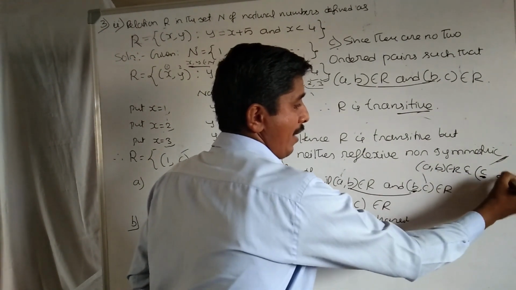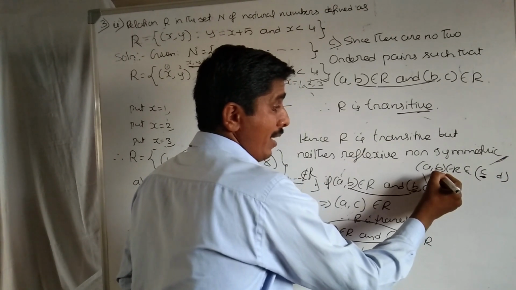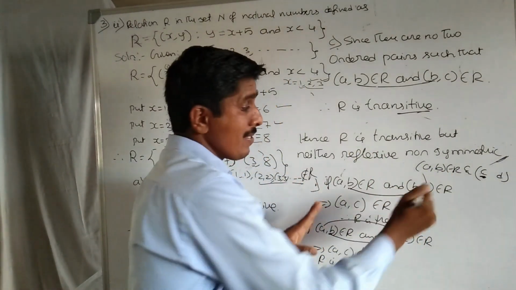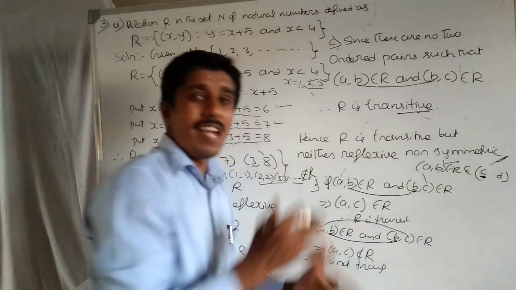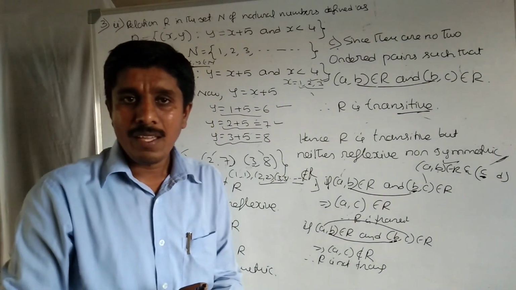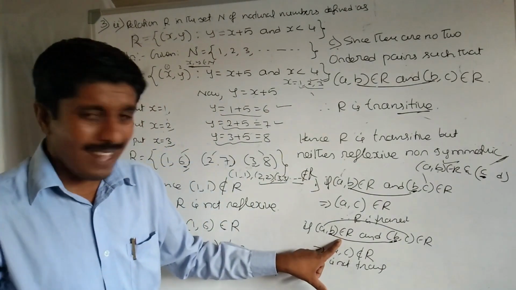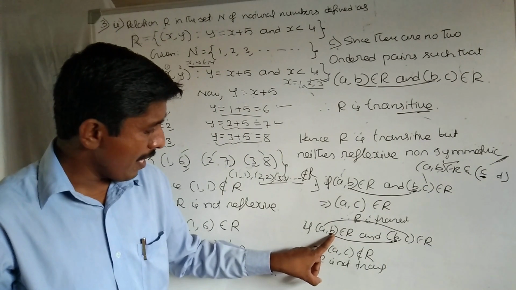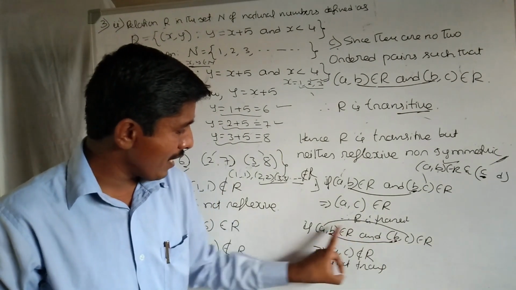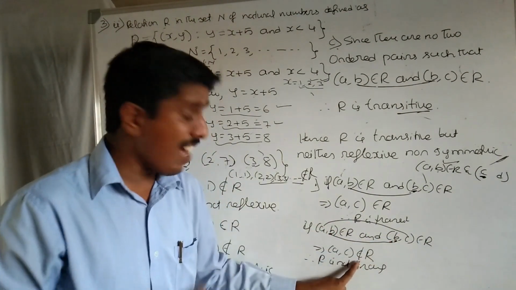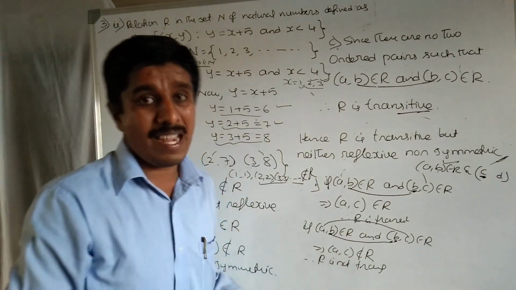Suppose it is (c,d), where c is not equal to b, then this element itself is transitive. When it is not transitive, in this case, the second element equals the first element. (a,c) does not belong to the relation, which means it is not transitive.